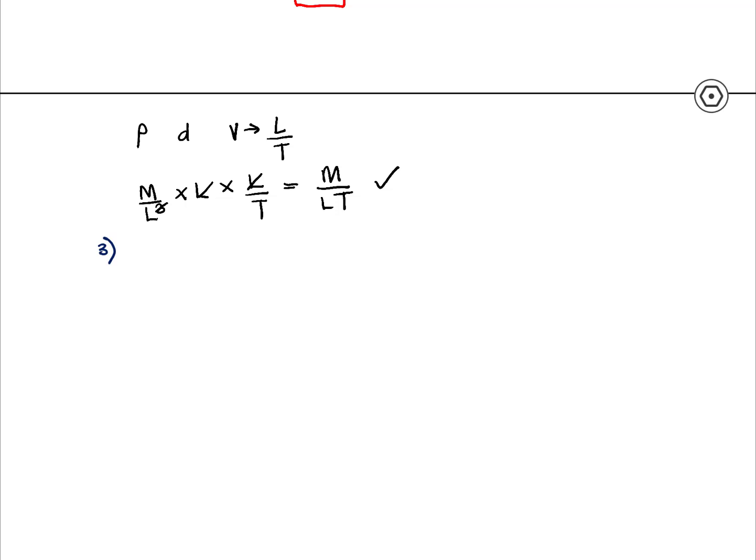A combination of the repeating variables must not form a dimensionless group.